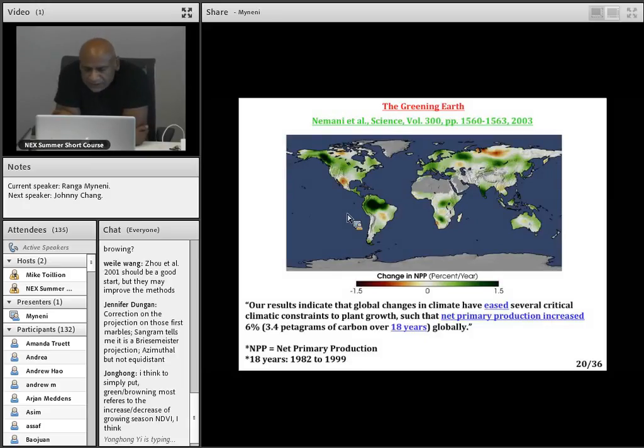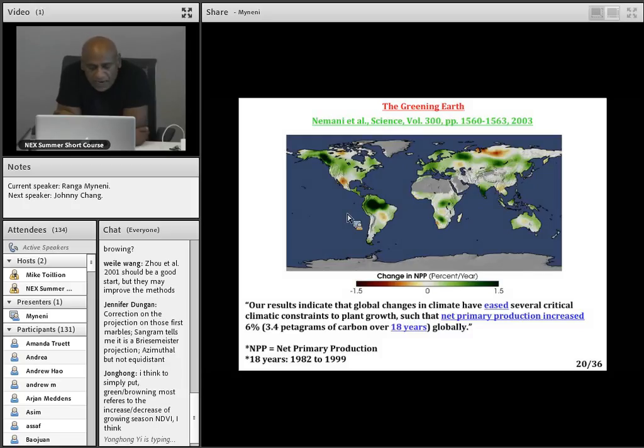where Dr. Tucker's NDVI dataset was used together with climate data to calculate net primary production of vegetation over an 18-year period. So this is very similar to Li-Ming Zhou's work that I showed, where Zhou analyzed NDVI data for 18 years. Here, Myneni et al. calculated net primary production and looked at trends, and this is a figure from that paper.